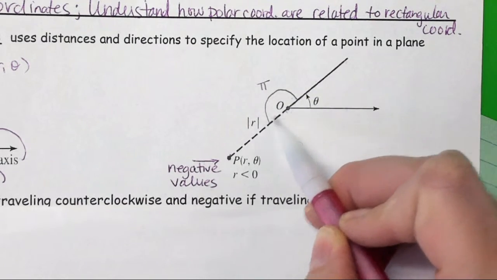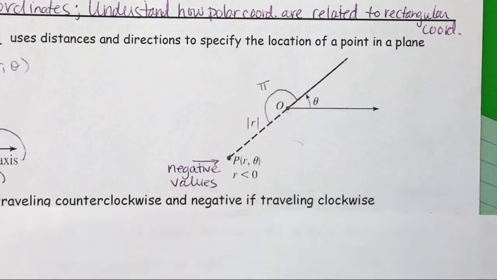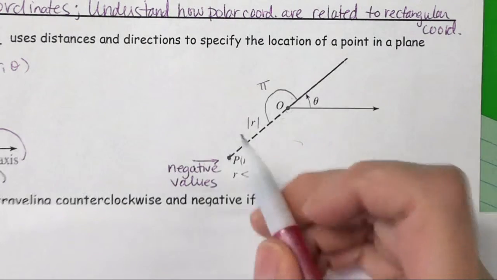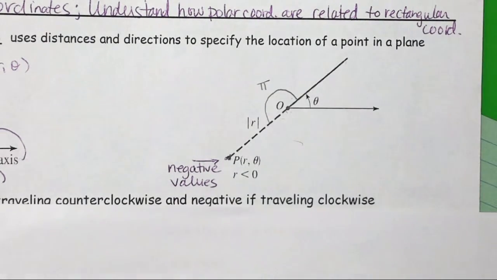Okay, so it's going to be 180 degrees from this theta value. Now notice that it says the absolute value of r, and that's because you're doing a distance. So your distance is still going to be that many from the origin. Okay, and that's the only thing the absolute value is going to represent here. Okay, but notice that your negative values, your point P, is at the end of this dashed line.